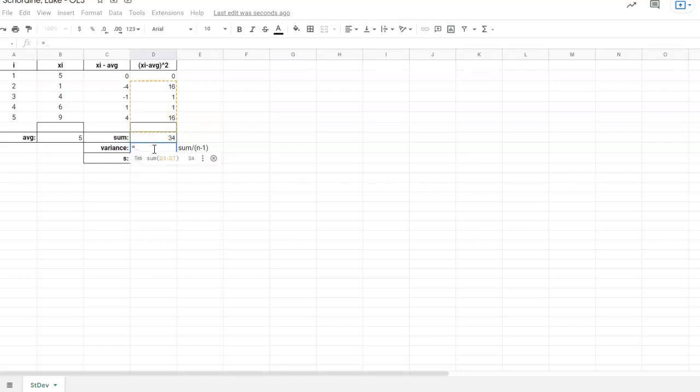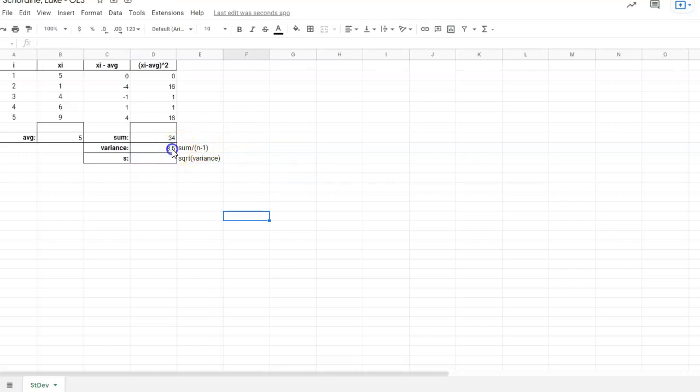This is going to be equal to the sum of D2 to D6, in parentheses, divided by n minus 1. What is n minus 1 in this particular case? Well, I know that there are 5 values. So n minus 1 is equal to 4. Boom. There's my variance, 8.5.